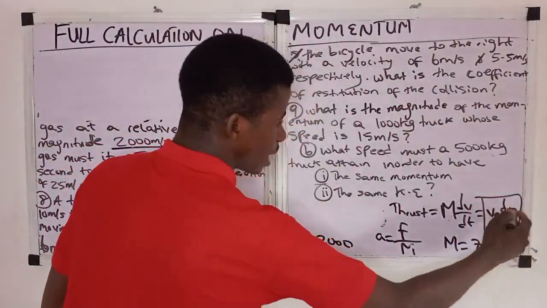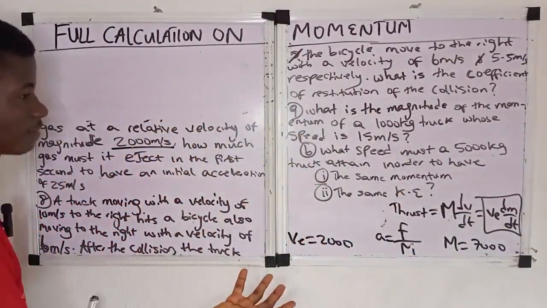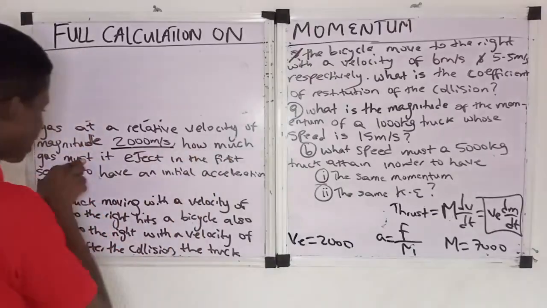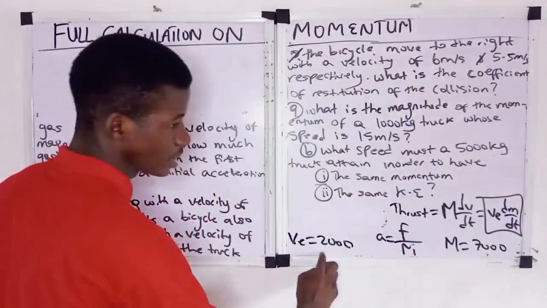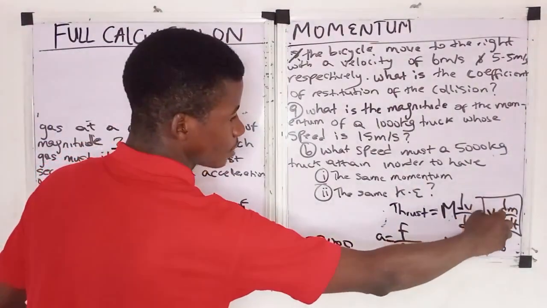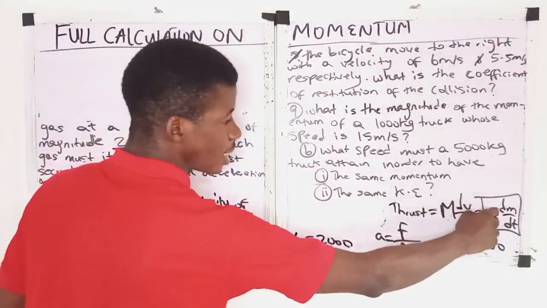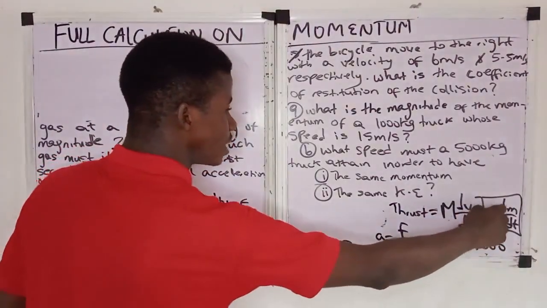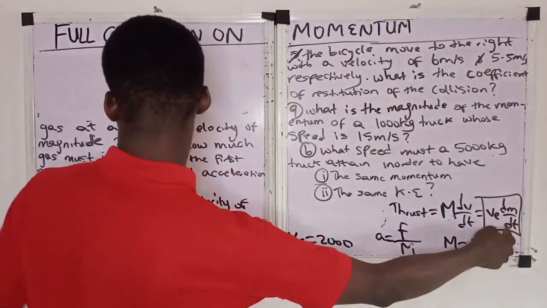How much is talking about the mass of the gas. This is the ejection velocity normally. Now they're asking us to look for how much gas must it eject in what? In the first second.